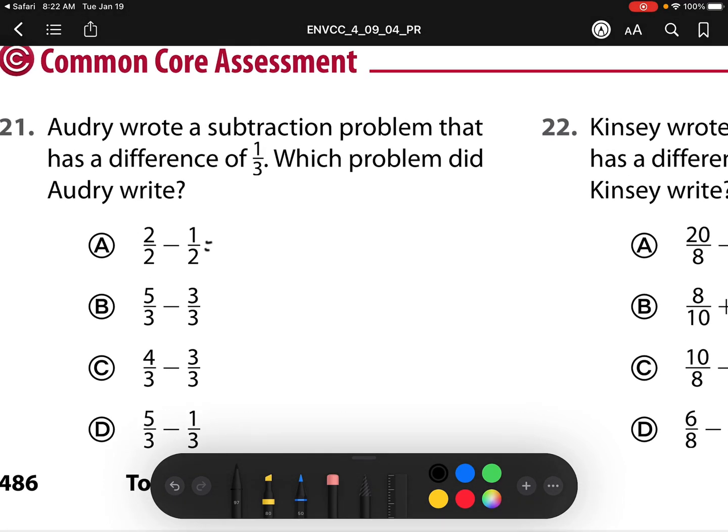Well, here, 2 halves minus 1 half is 1 half, so it's not A. 5 thirds minus 3 thirds is 2 thirds, so it's not B. 4 thirds minus 3 thirds is 1/3, so it looks like it's going to be C, but let's just check the last one. 5 thirds minus 1/3 is 4 thirds. So yeah, our answer here is C.